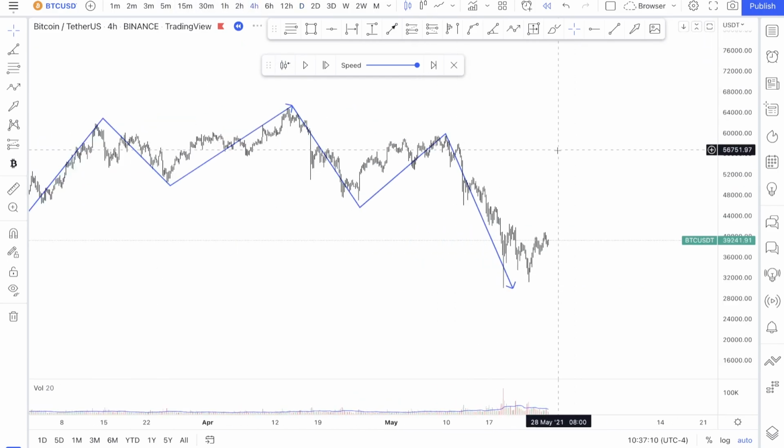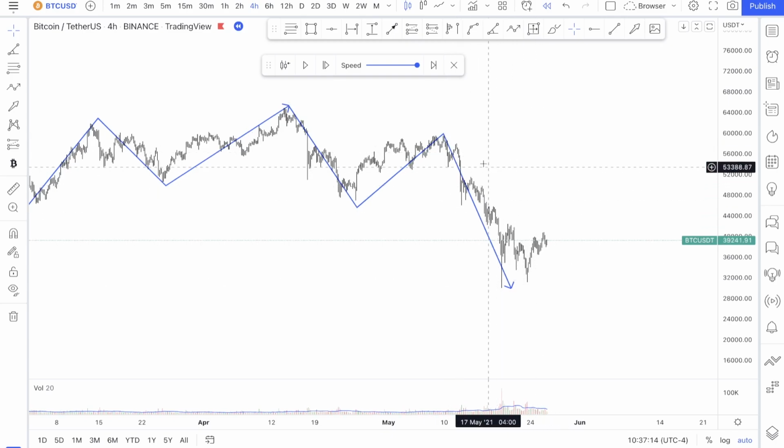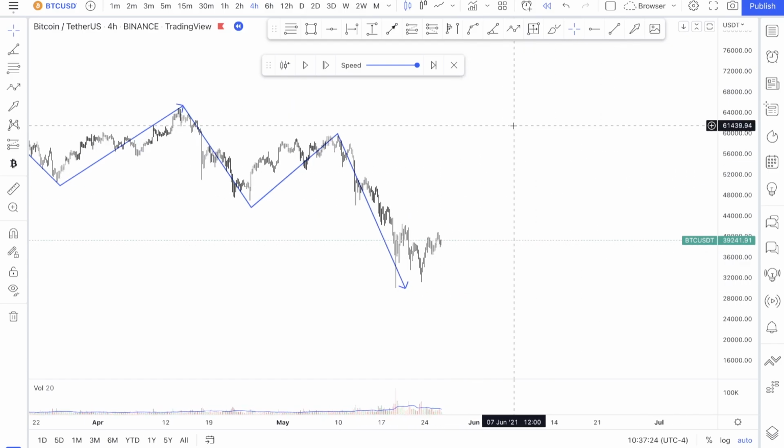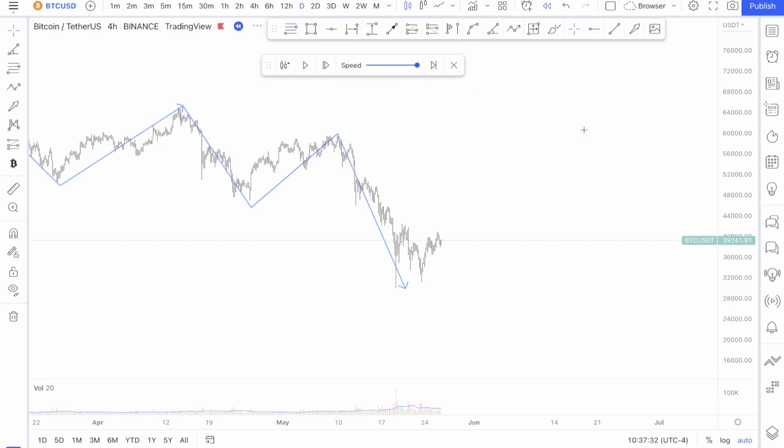This is the 4-hour chart of the very same price movement and we can clearly see that even within this move, we have a series of lower highs and lower lows. This is why it's very important to utilize multiple time frames to give you the best, most accurate picture. Let me go back to a daily chart right now.